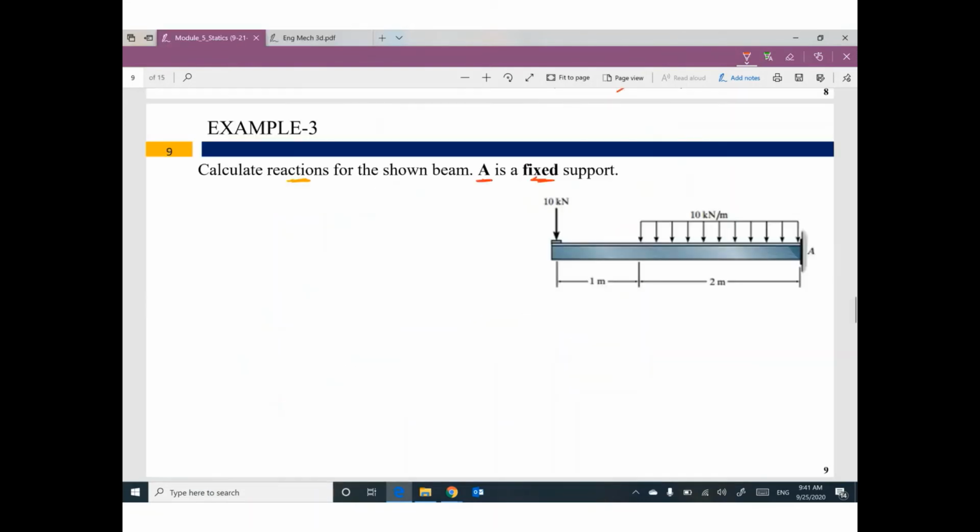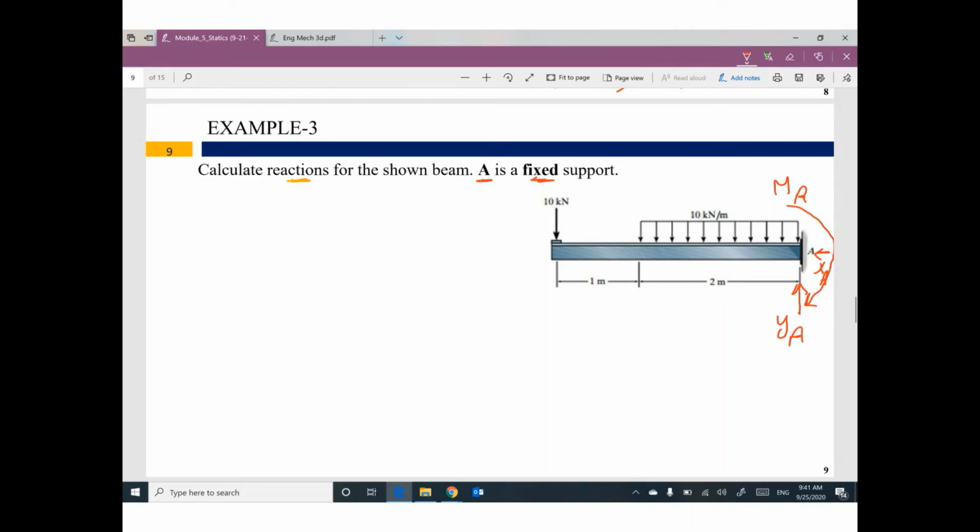We have the same case here. So we have reaction YA, reaction XA, and moment MA. It's fixed. Please don't forget, for a fixed support, we have 3 reactions.